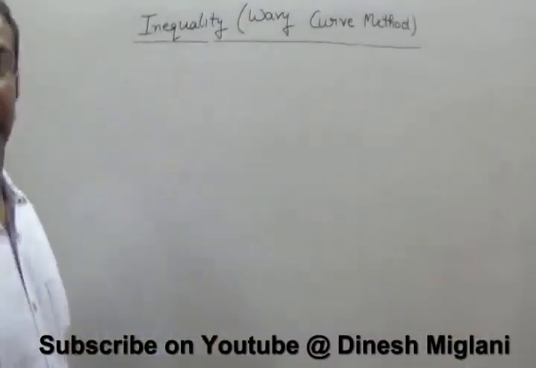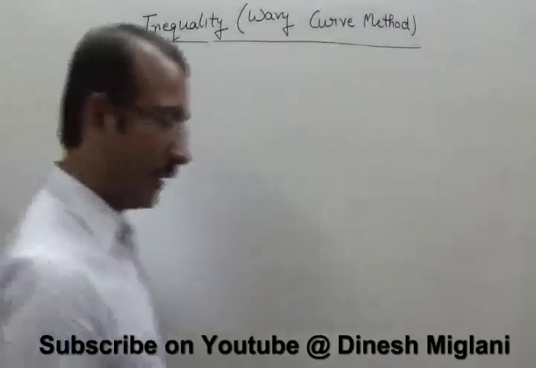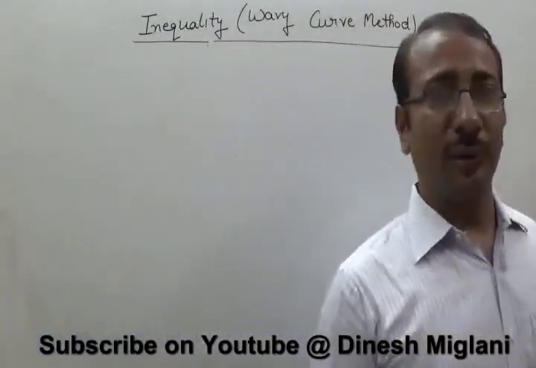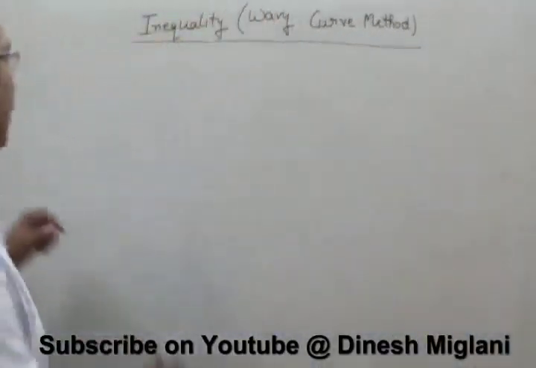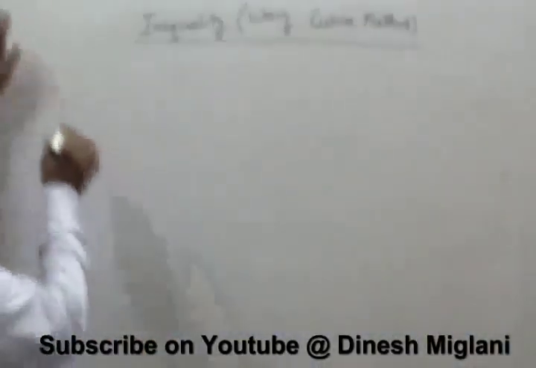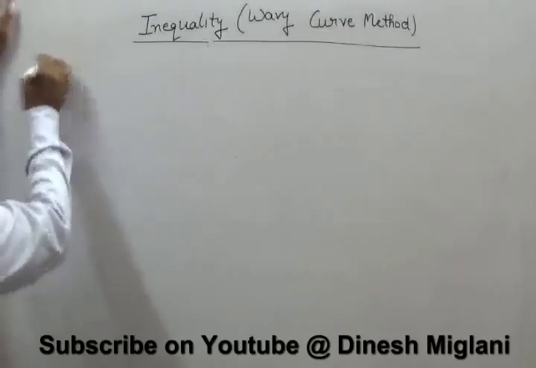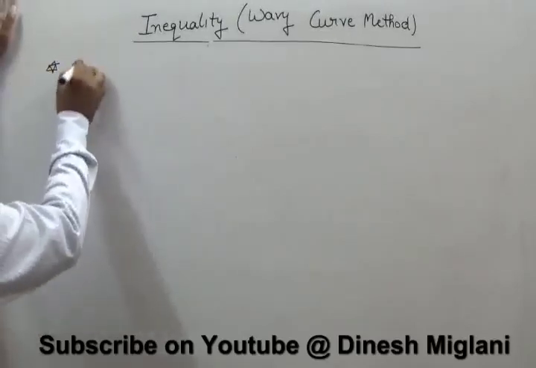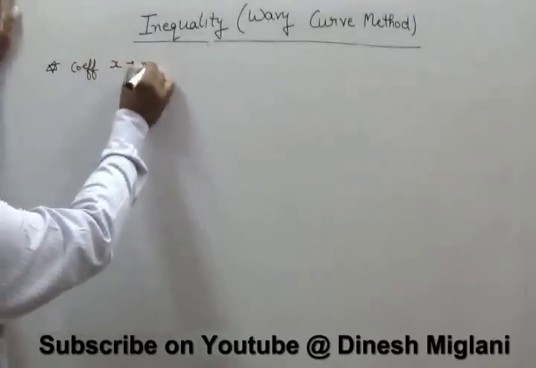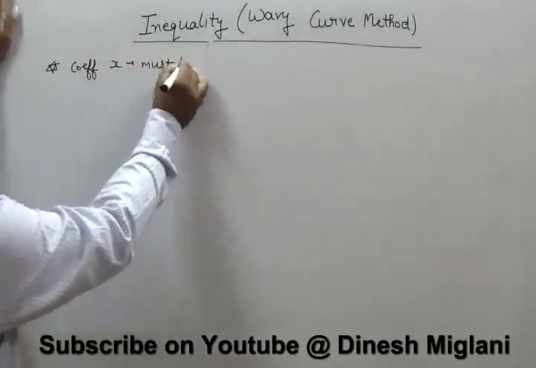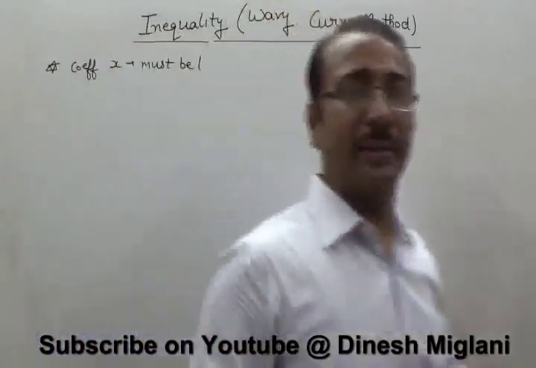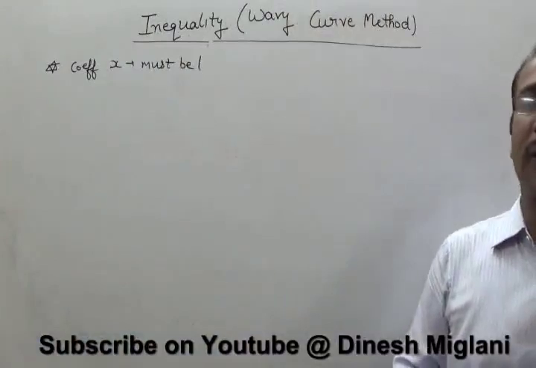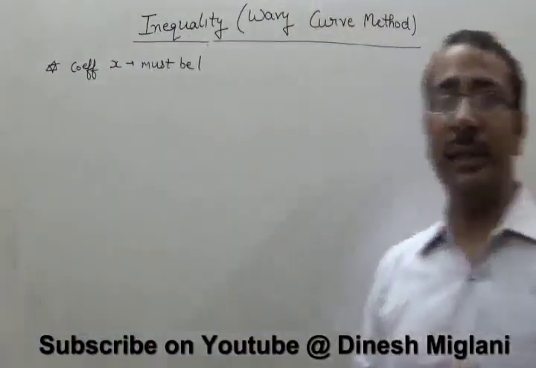Now what does this method state? Before starting with this method, first of all, some parameters you have to take care of. The first point that you have to remember: coefficient of x must be 1. If in any expression, any factor, coefficient of x is not 1, we try to make it 1, right?